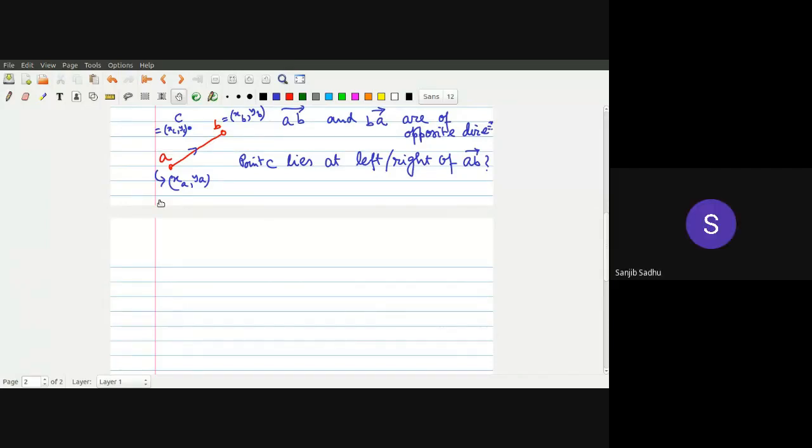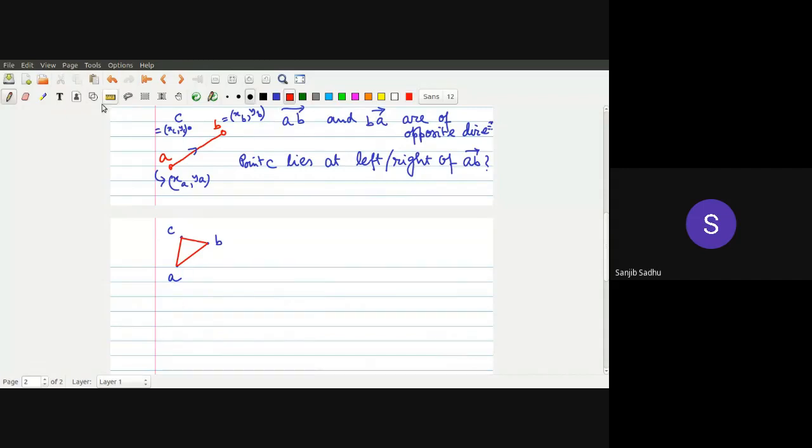See, all of you have seen already. Suppose I am writing like this: A, B, C. Here you see this is A to B. This is a triangle.